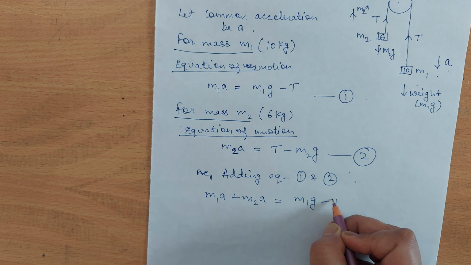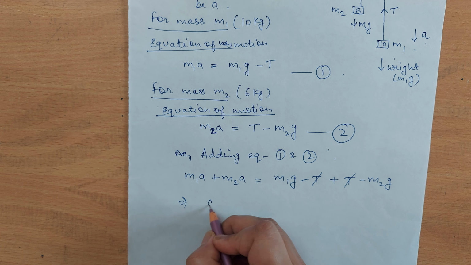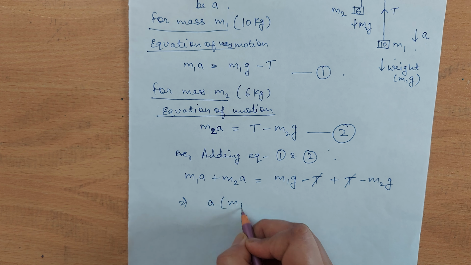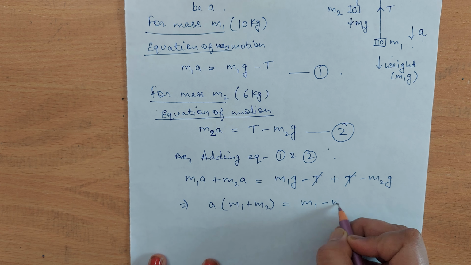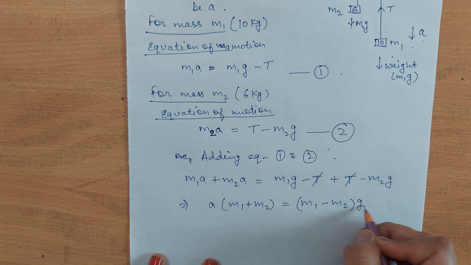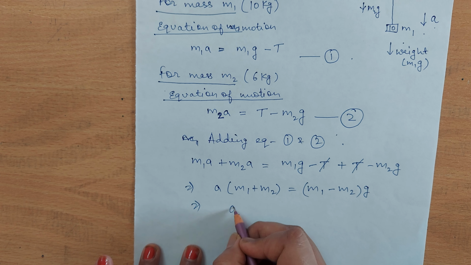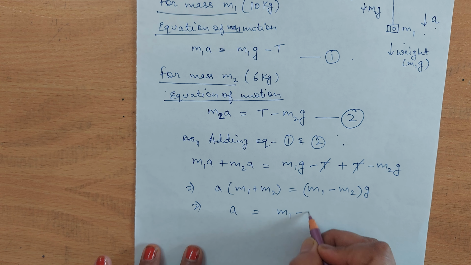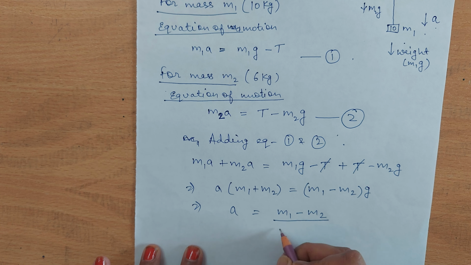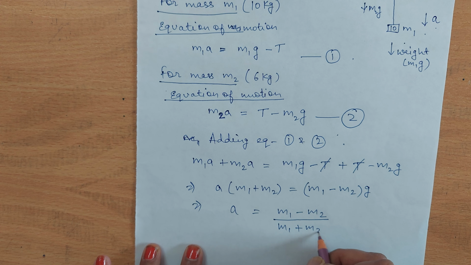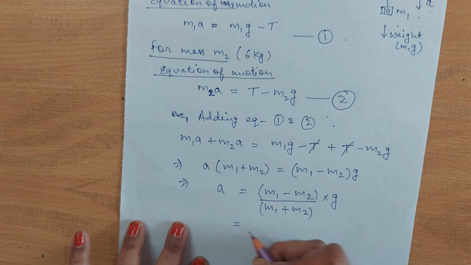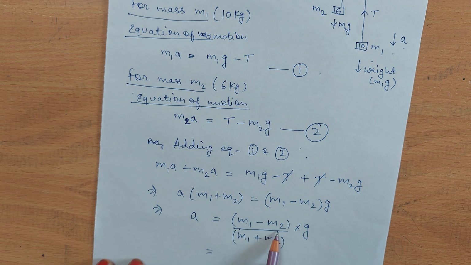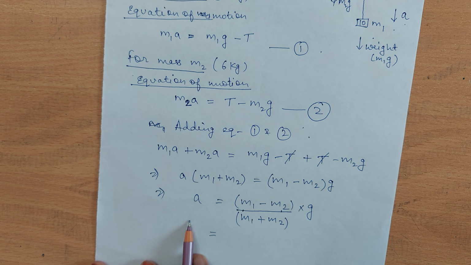The T will get cut. So a times (m1 plus m2) is equal to (m1 minus m2) g, which implies a is equal to (m1 minus m2) divided by (m1 plus m2) into g. We will put the values of masses m1 and m2 to calculate the acceleration a.